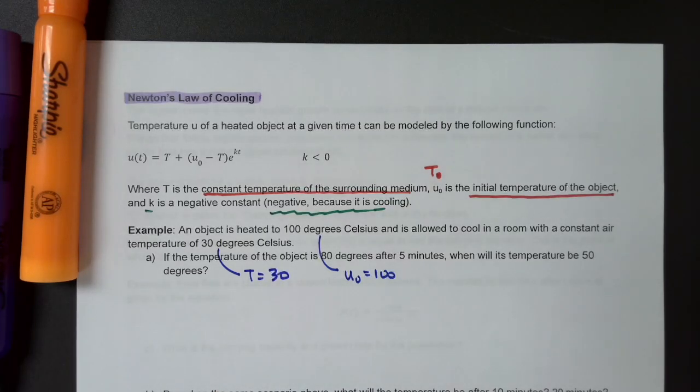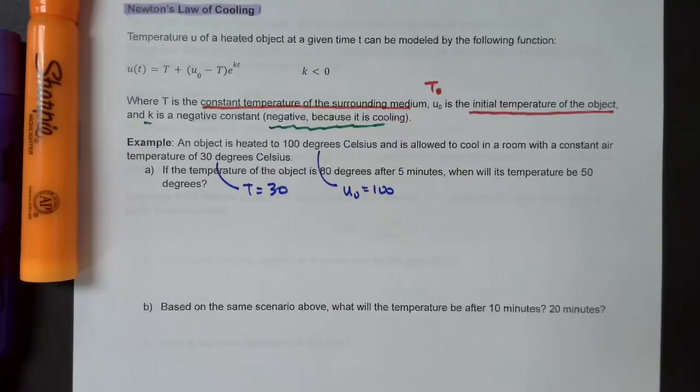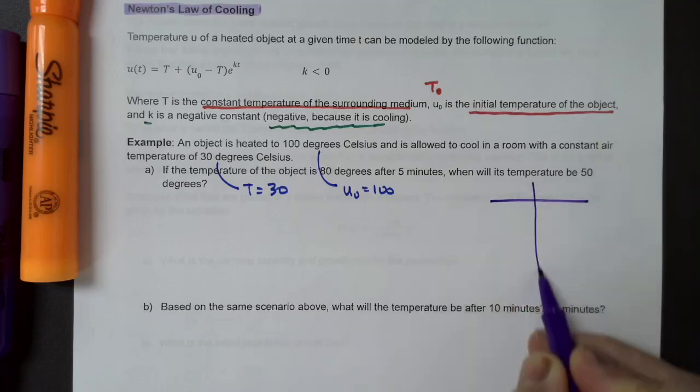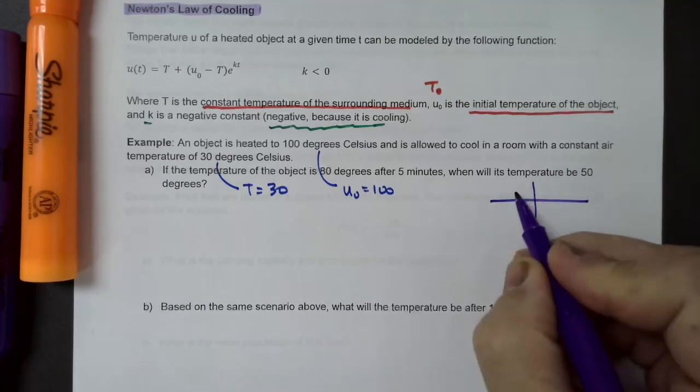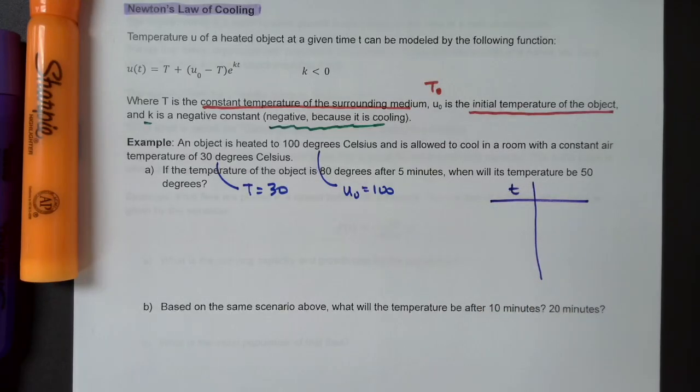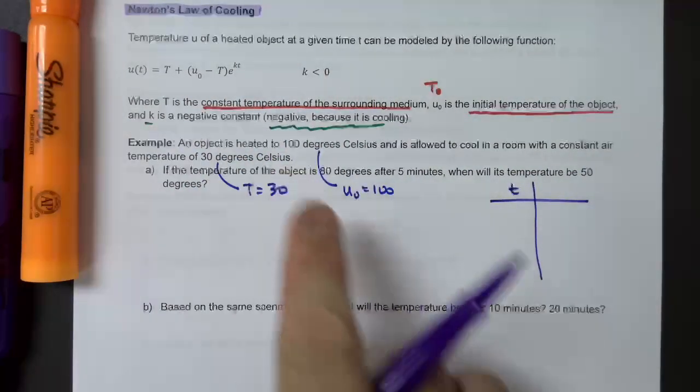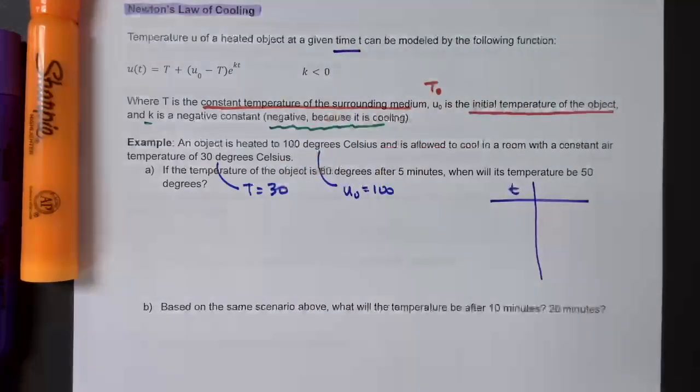And then it says in the first part of this, the temperature of the object is 80 degrees after 5 minutes. When will the temperature be 50 degrees? One thing that I found works well for students on these is to do a little T-table with your information. The first column is the time, and I didn't point that out up here, but T is how long it's been in whatever space that is.